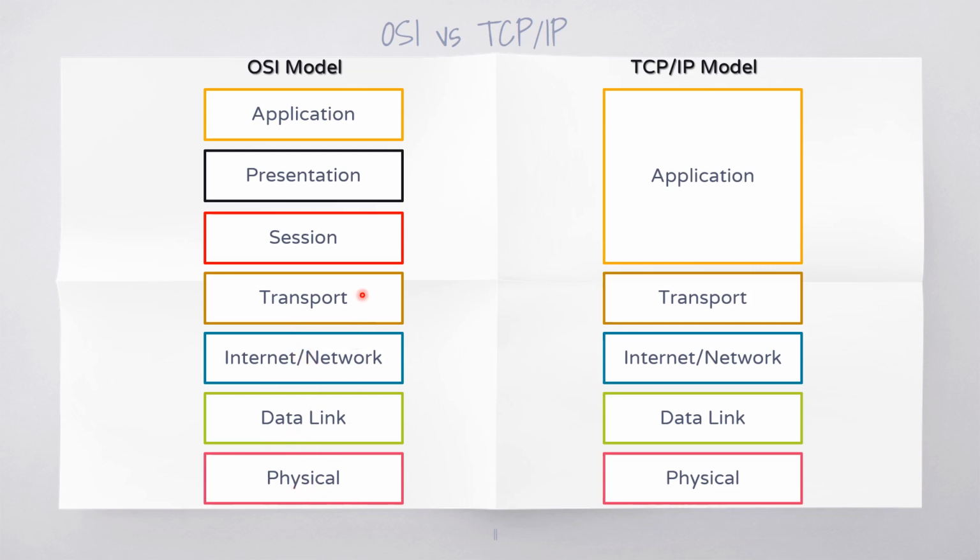They remain the same. But in the TCP/IP model, the application layer, presentation layer, and session layer are combined together to form a single layer, which is the application layer. So session and presentation layers are missing in the TCP/IP protocol suite.